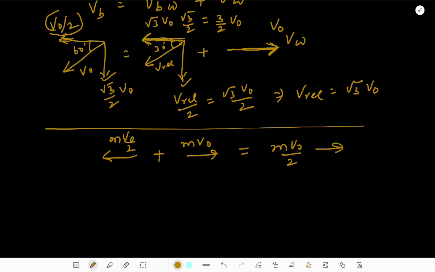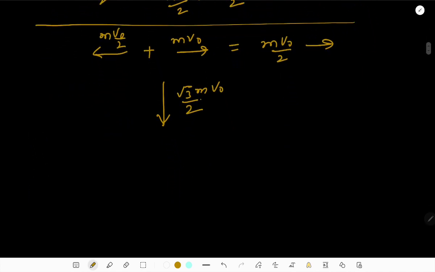In the vertical direction only the block has velocity, and that velocity is root 3 v0 by 2, so its momentum is root 3 m v0 by 2. That means the total momentum of the wedge block system is mv0 by 2 in the horizontal direction towards right, and root 3 by 2 mv0 in the vertically downward direction.